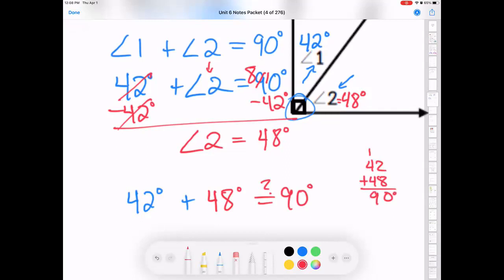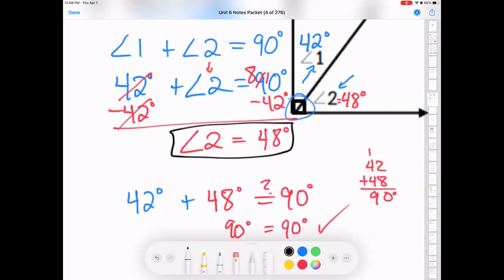Yeah, it looks like we get 90. So what that tells us is, yes, angle 2 is correctly solved for. Right? So like on quizzes and tests, you should be able to get 100% if you check your answers. Okay.